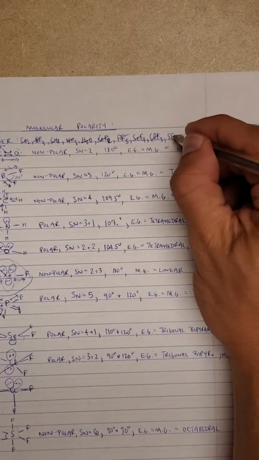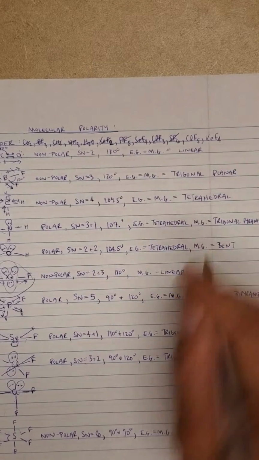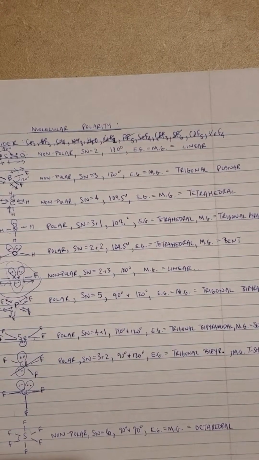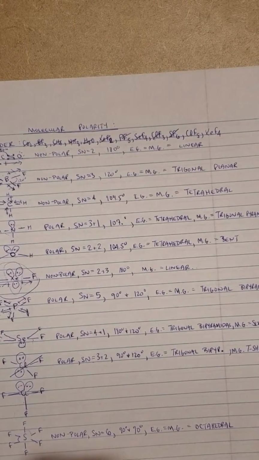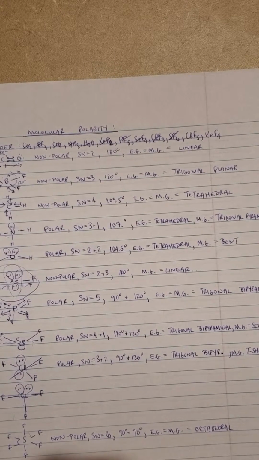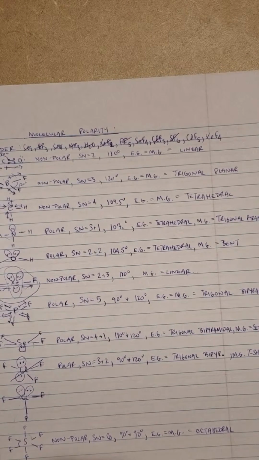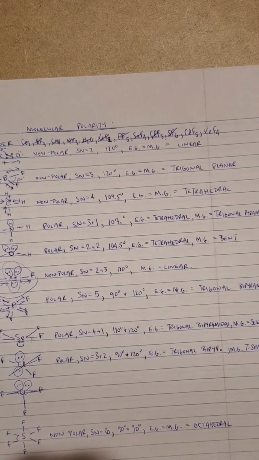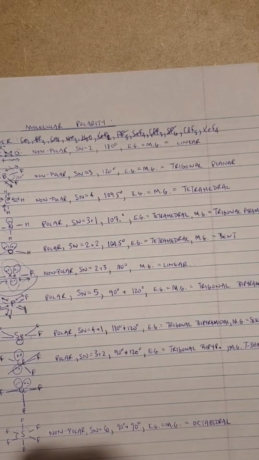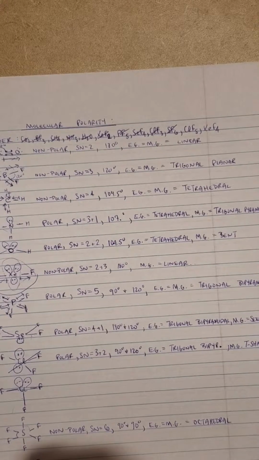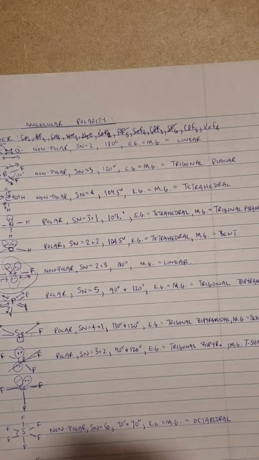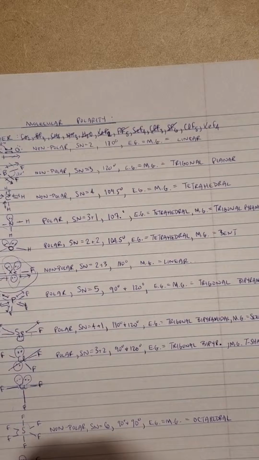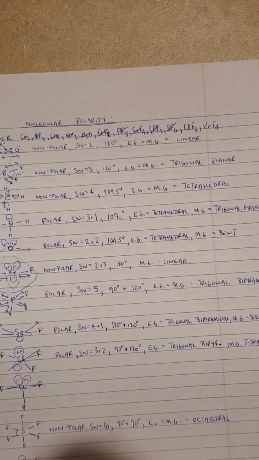Alright, we've got 2 more to go. Chlorine pentafluoride, central atom, 5 fluorines. One lone pair for 1, 2, 3, 4, 5, 6, 7 electrons around chlorine. It's got a lone pair.